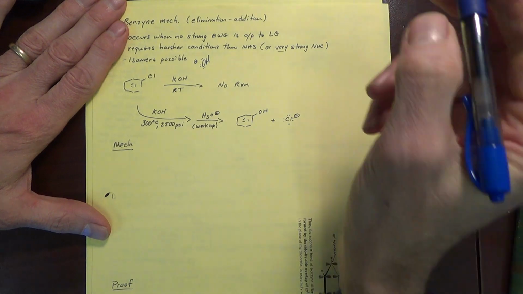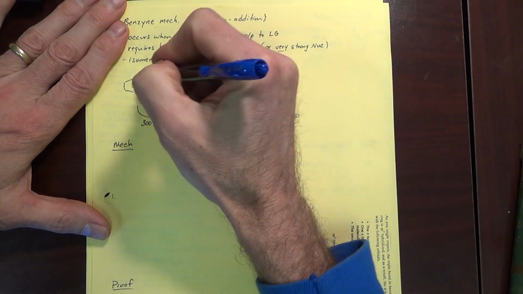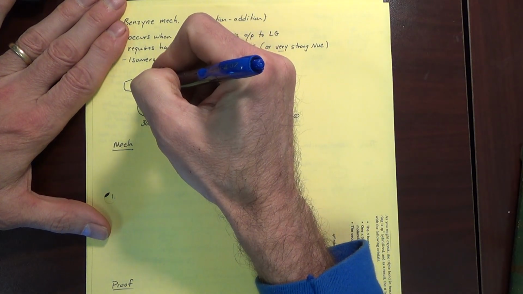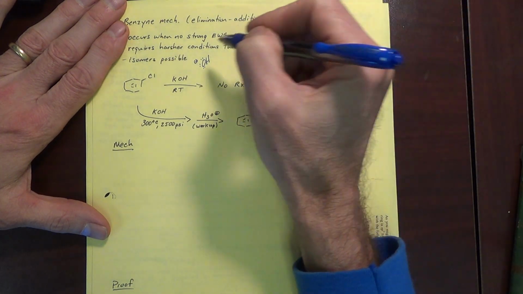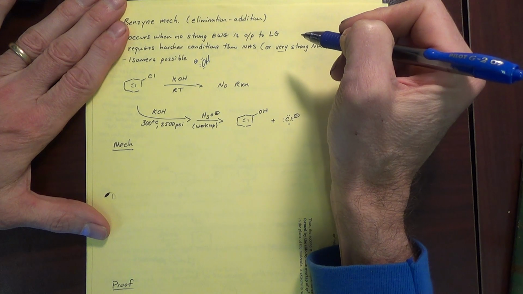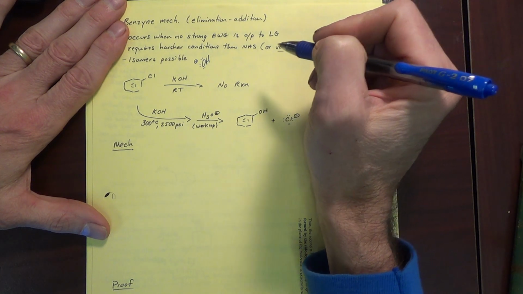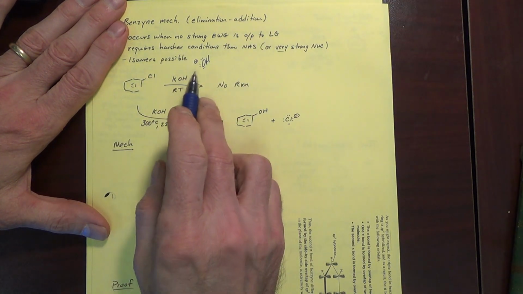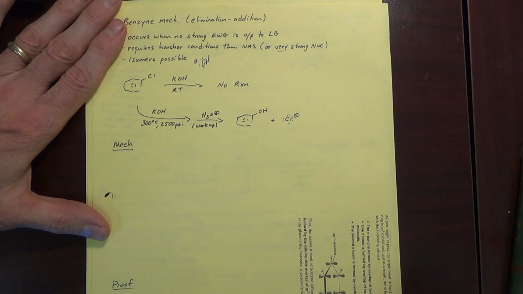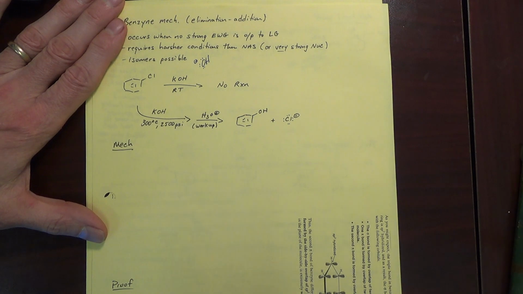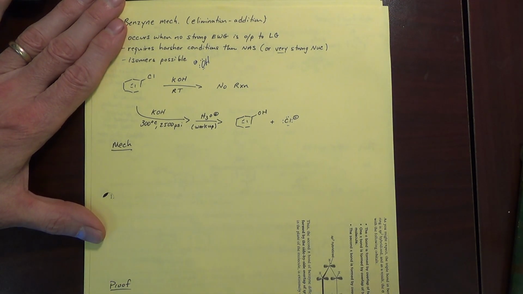We've talked about that. We could also attack the carbon and break the pi bond away, but that would be the first step of an NAS. And we've already said several times that the NAS mechanism is not going to occur here. So what else could we do in the first step?